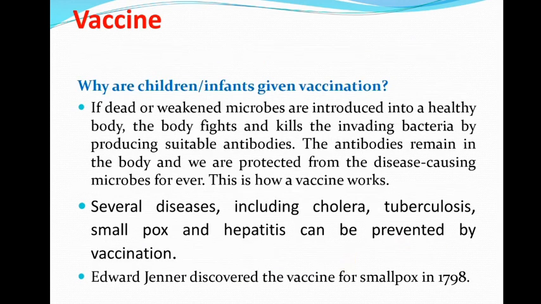And then vaccine. Why are children and infants given vaccination? What is the exact meaning of vaccine? If dead or weakened microbes are entered into a healthy body, the body reacts to those microbes, immediately kills the invading bacteria and produces suitable antibodies.